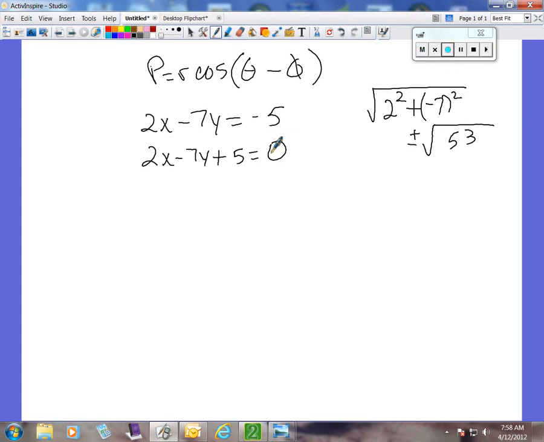Negative. Since C is positive, we got to use a negative. Always use the opposite of C. Negative.